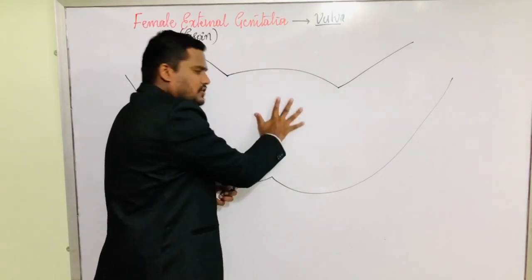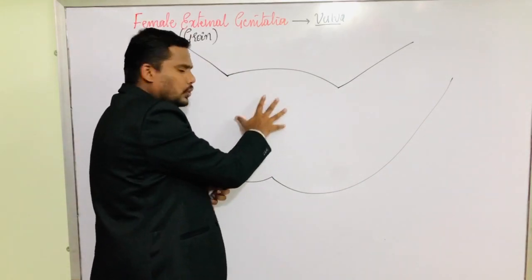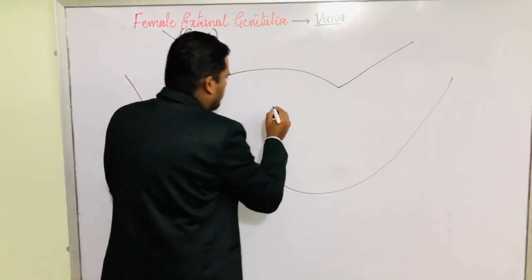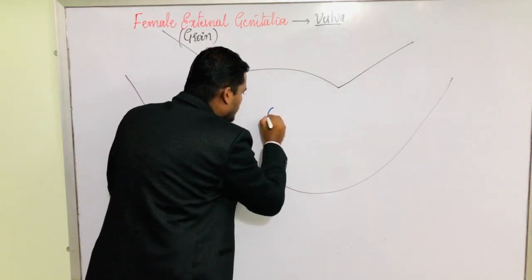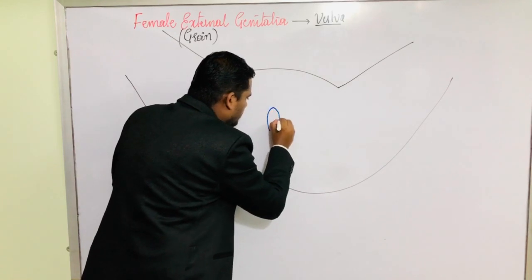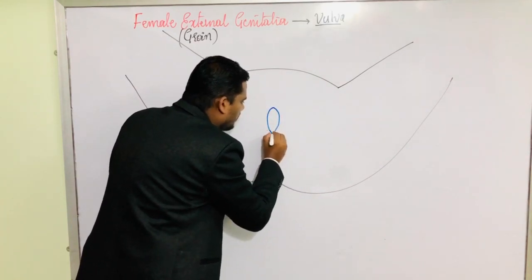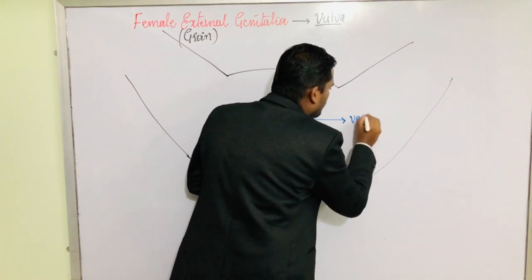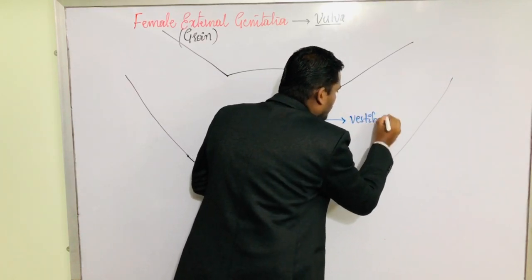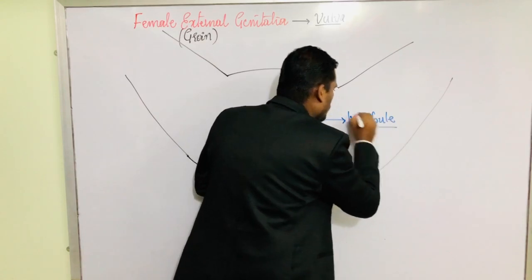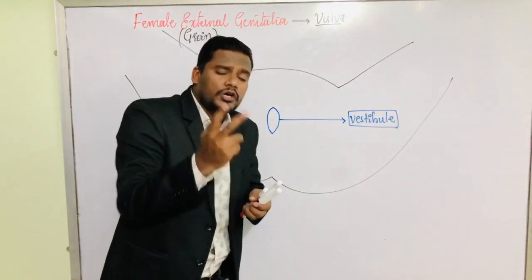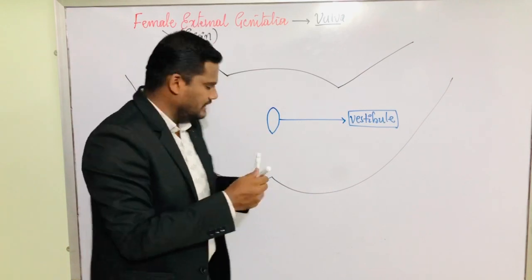In the groin region, that means in between the two legs, we have a depression here. This depression is called the vestibule. This vestibule has two different openings in it.